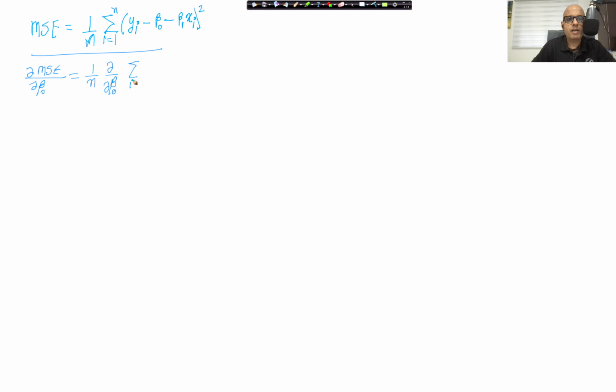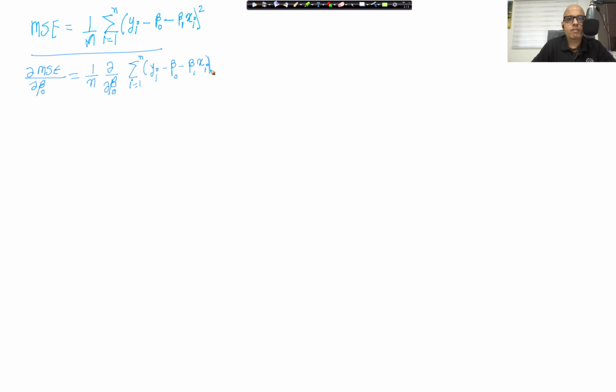This is i equal to 1 to n, and then inside of this we have the same equation, yi minus beta 0 minus beta 1 xi, and we square that.